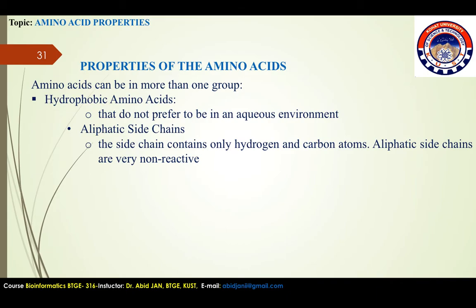Aliphatic side chains. Strictly speaking, aliphatic means that the side chain contains only hydrogen and carbon atoms. By this strict definition, the amino acids with aliphatic side chain are alanine, isoleucine, leucine, and valine.